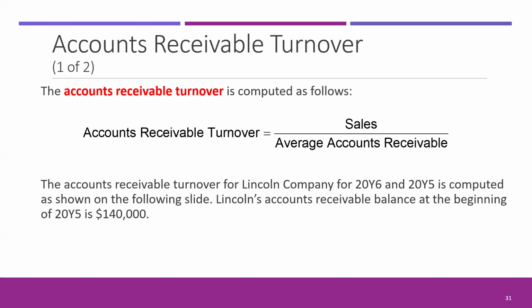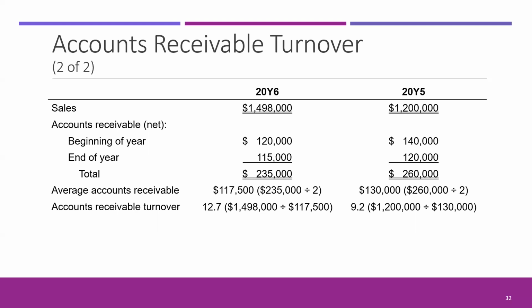So if sales were 100 and AR throughout the year was 10, the accounts receivable turnover would be 10, because 10 times during the year AR got turned over. A higher number is better for accounts receivable turnover, because that means the accounts are being collected quicker. They have a lower accounts receivable balance compared to the amount of sales that they have.